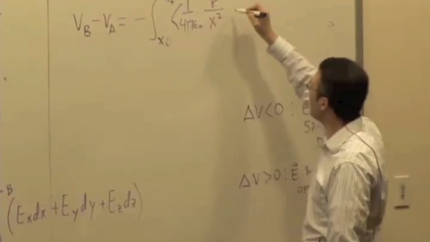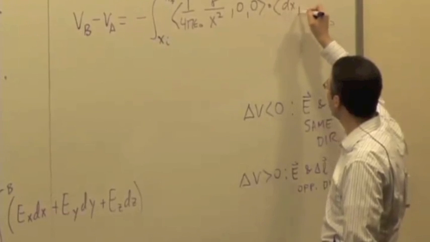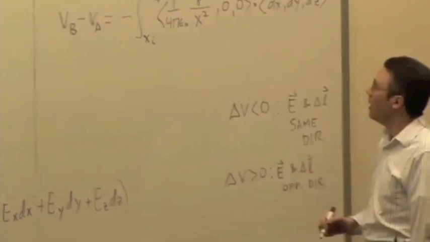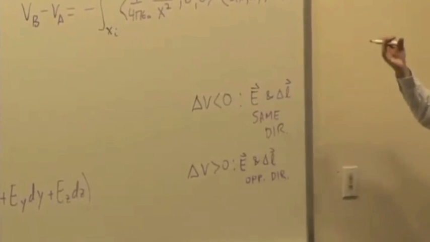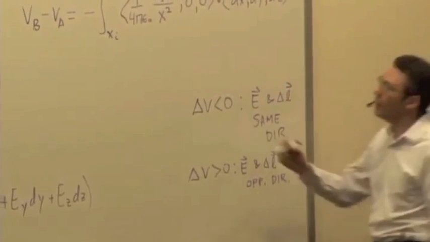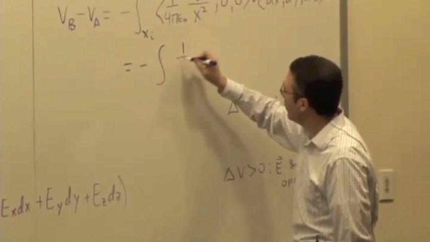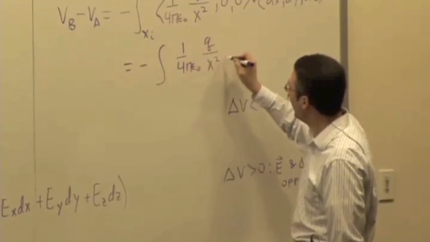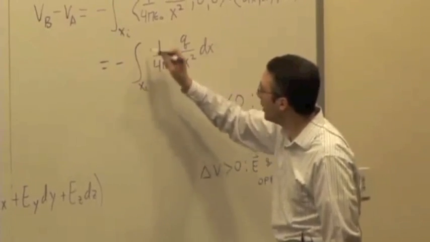Well, let's write it out completely. 0, 0 dotted with dx, dy, dz. Okay. And then when I take the dot product between the vector and the path element vector, all I'm going to get is just the x term, right? Q over x squared dx plus 0 integrated from x initial to x final.